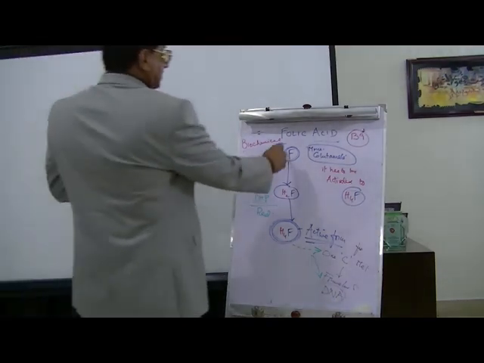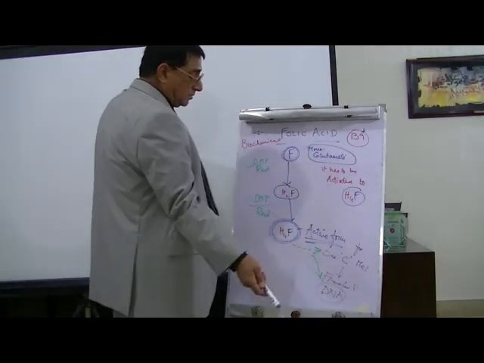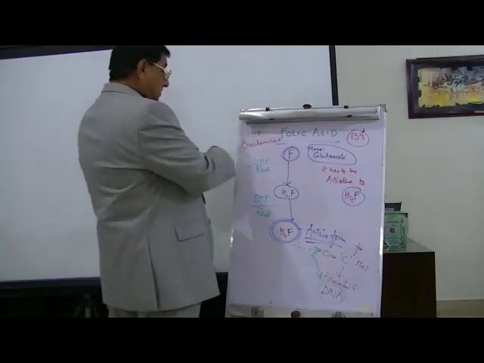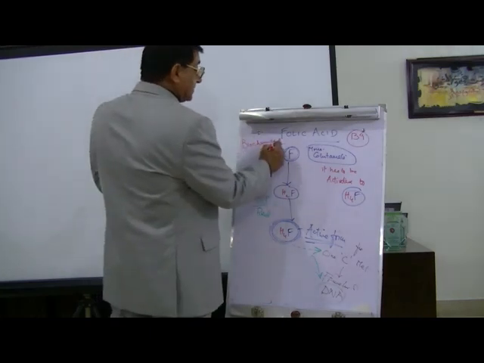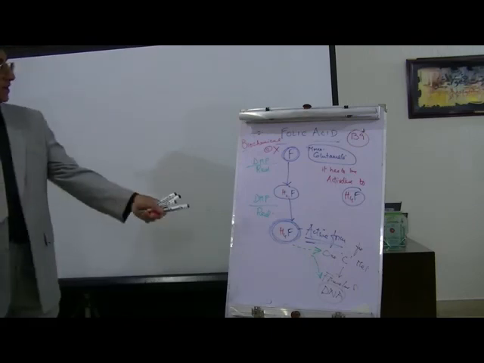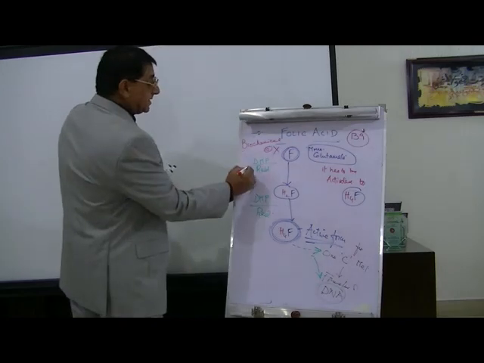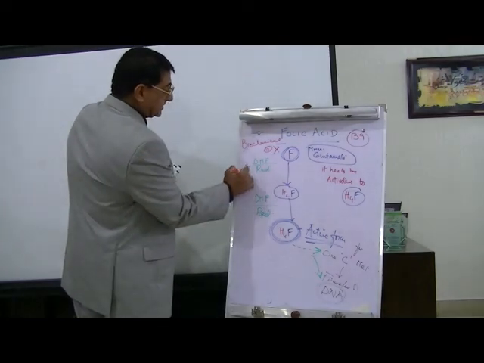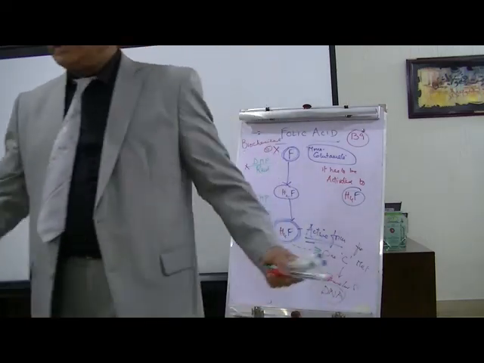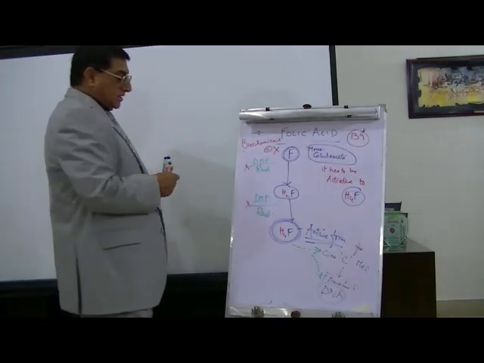So if there is folic acid deficiency, no active form, no formation of DNA. Or if there is deficiency of dihydrofolate reductase at this level or this level, again there will be deficiency in the formation of DNA. And there is one more thing.